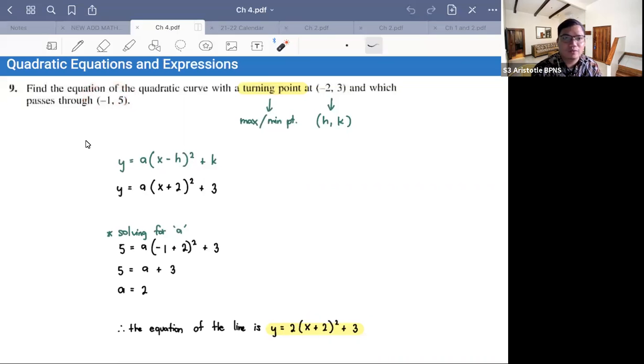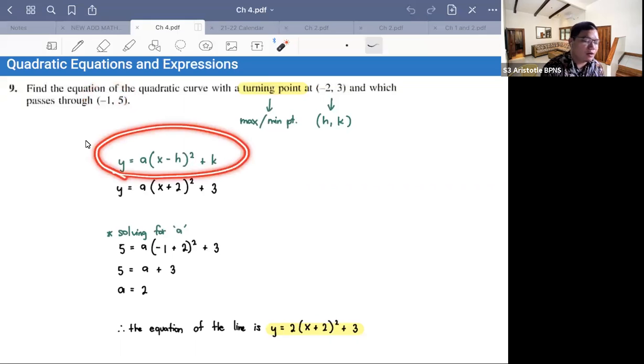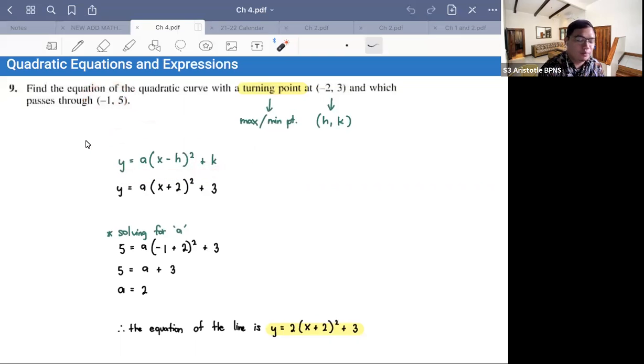Yes, of course, we can find the quadratic curve by using this format here, right? The completed the square form. Because this is the only equation that has h and k on it. So using the completed the square format, we plug in -2 and 3.